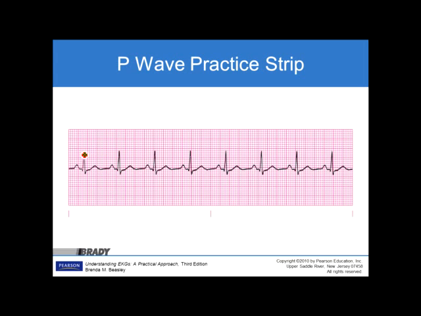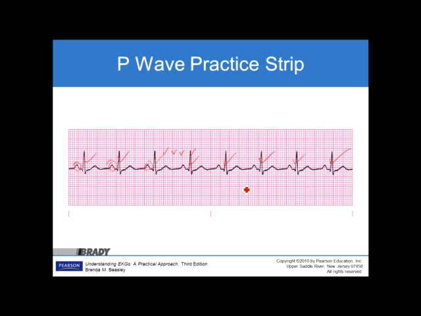And this is P wave practice here. If we notice, there is a P wave that occurs before every one of the QRSs. Let's go ahead and get some practice at the rate. First thing we're going to do is the R to R interval: 300, 150, 100, about 75 beats per minute. Then 1, 2, 3, 4, 5, 6, 7, right at 80 beats per minute.